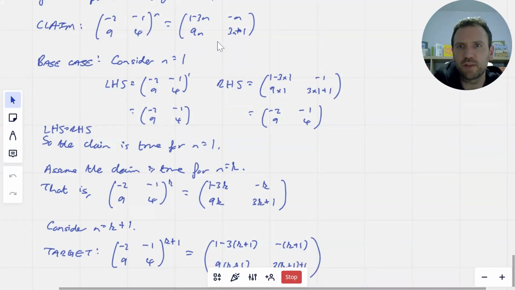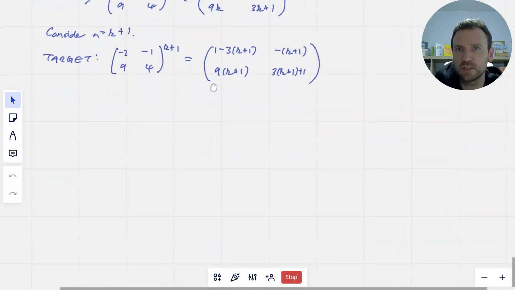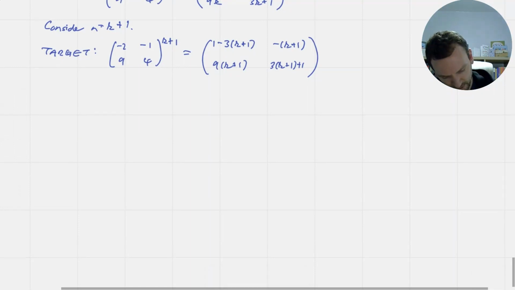Up to this step, if you're happy with other applications of proof by induction, it's probably not too surprising. Hopefully the next step will be natural, but this is where you might have to be a little bit creative. Start from the left-hand side of our target: (-2, -1; 9, 4) to the k plus 1.